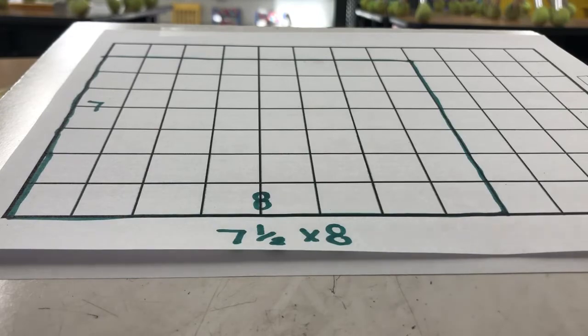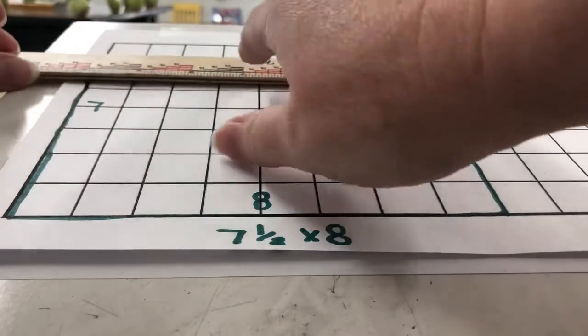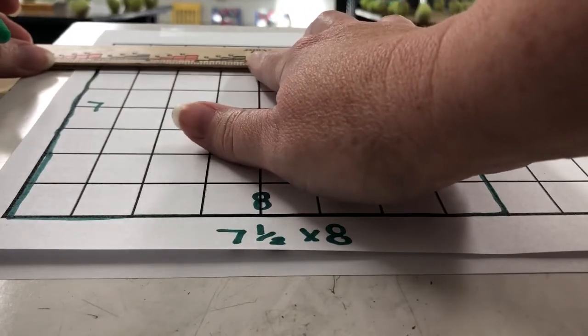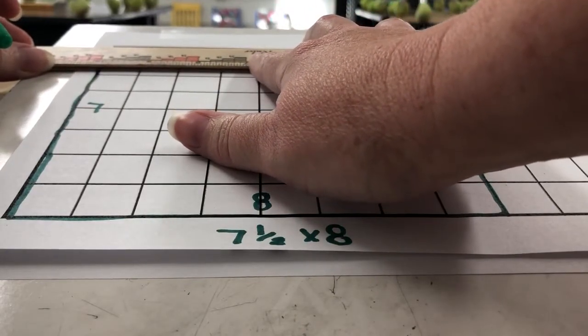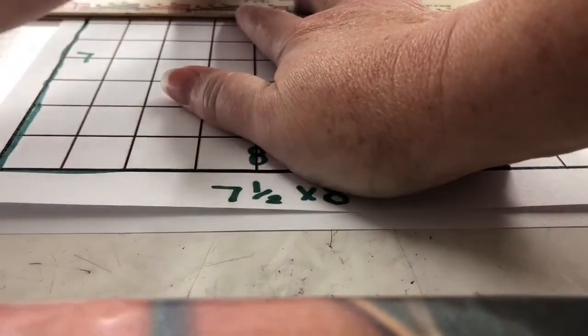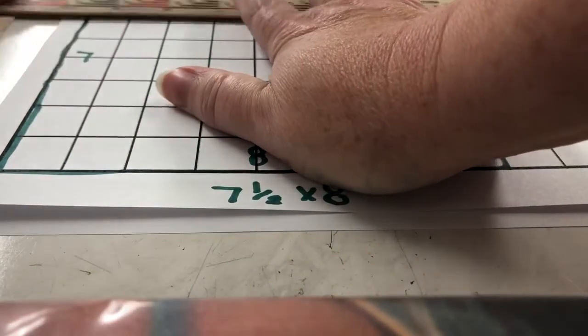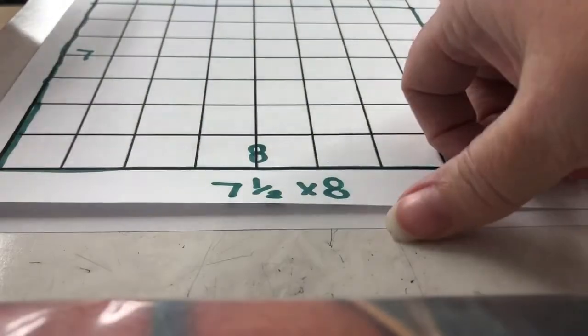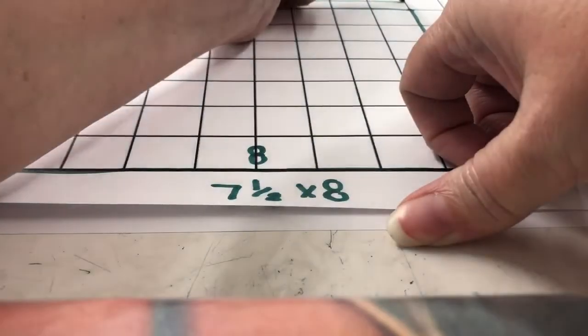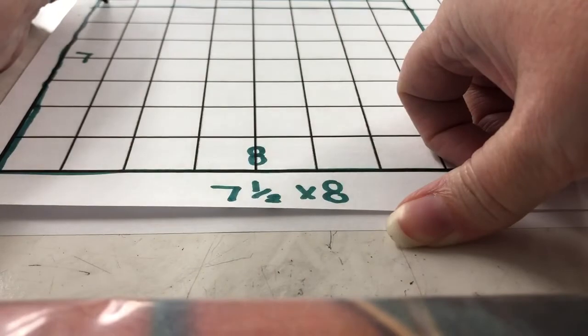I'm not going to worry about measuring perfectly, but I will use my ruler to make a straight line where I think is halfway between the box. Okay, that looks like it's about half. So this is 1/2.